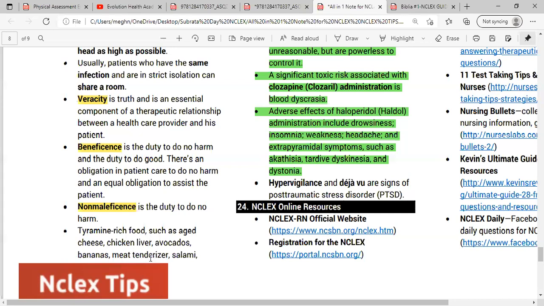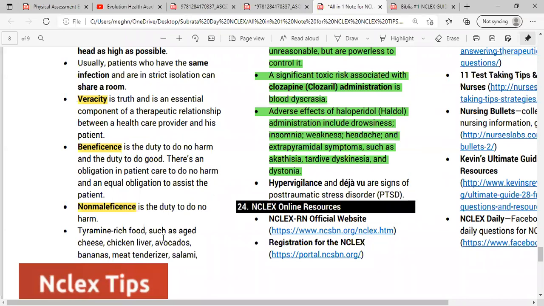What kind of meat? No organ meat or preserved meat. Some fruits and vegetables like banana, avocado, and raisin. Some dairy products like cheese, but what kind of cheese?